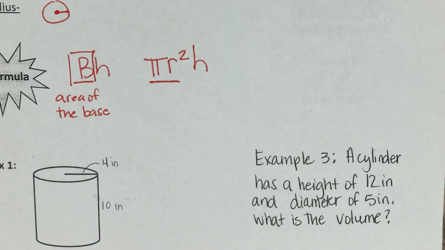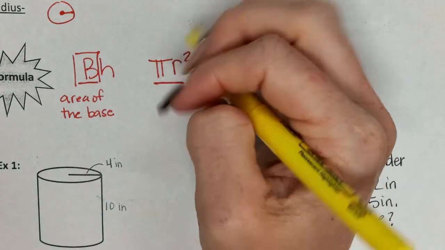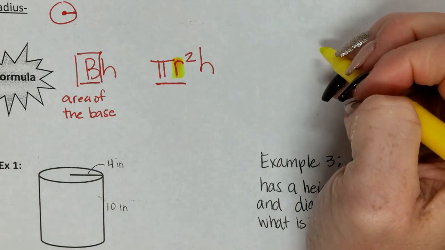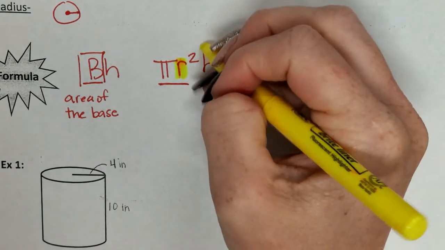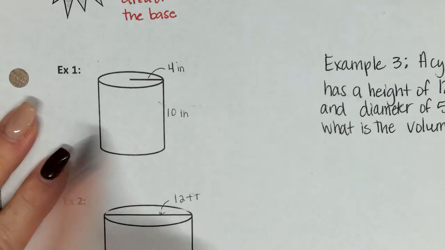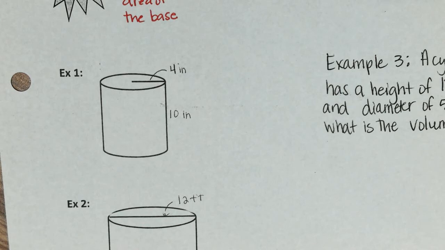What are the two pieces of this formula that we have to fill in today? The r, what else? And the h. What do y'all think r stands for? Radius. What do you think h stands for? Height. So there's only two numbers. So everybody look at this first cylinder. How many numbers did they give you? One is the radius, one is the height.